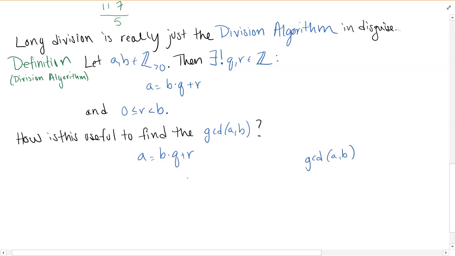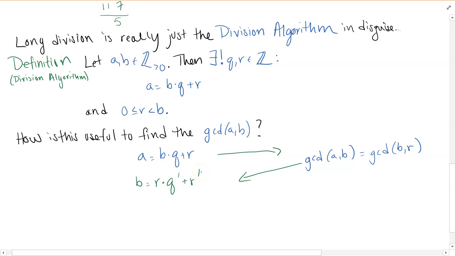So I think it's enough to say from that proposition that the GCD of A and B is going to be the same as the GCD of B and R. So then, using that idea, I can write B using the division algorithm, and I'm going to get this new Q prime plus R prime.